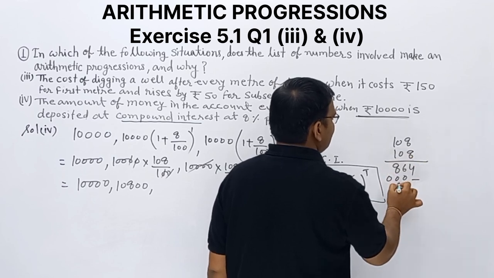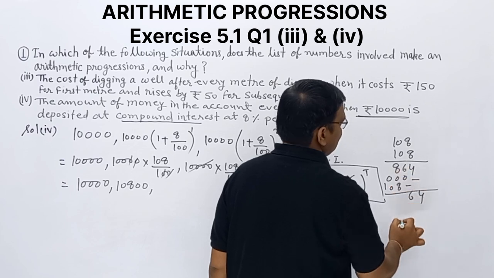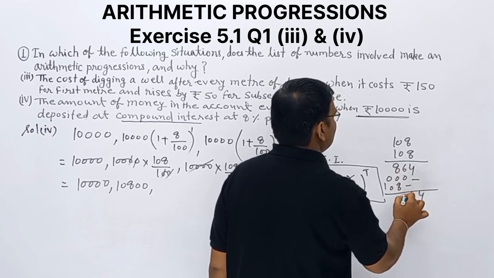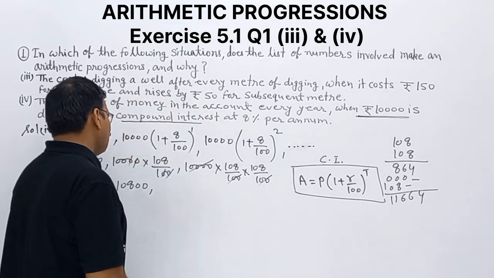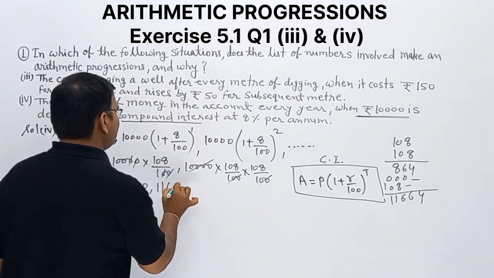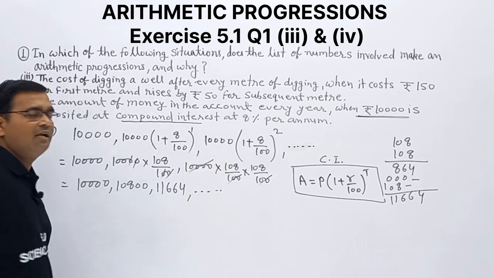Adding up, we get 11,664, and so on. Clear?